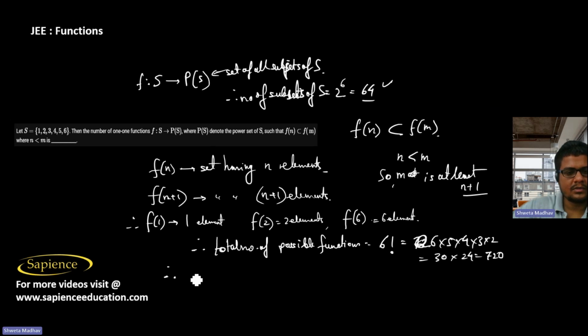So now therefore the total number of functions will be equal to, actually, out of these 6 I can select any 2.